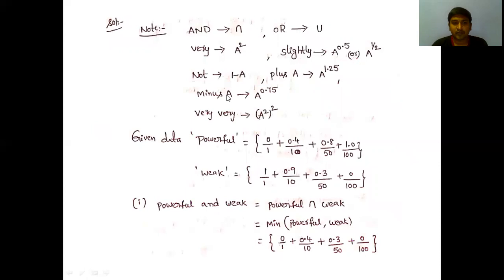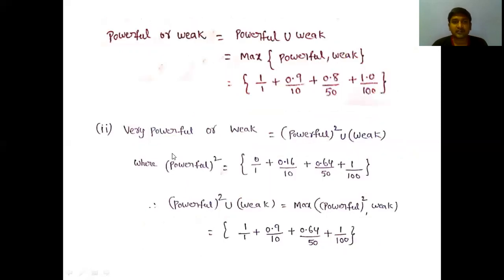In the given problem, only powerful is given. Then how to represent very powerful? Observe this: very means whole square. So very powerful means powerful whole square. We change only the magnitude of the membership value; we do not change the boundary limit values.